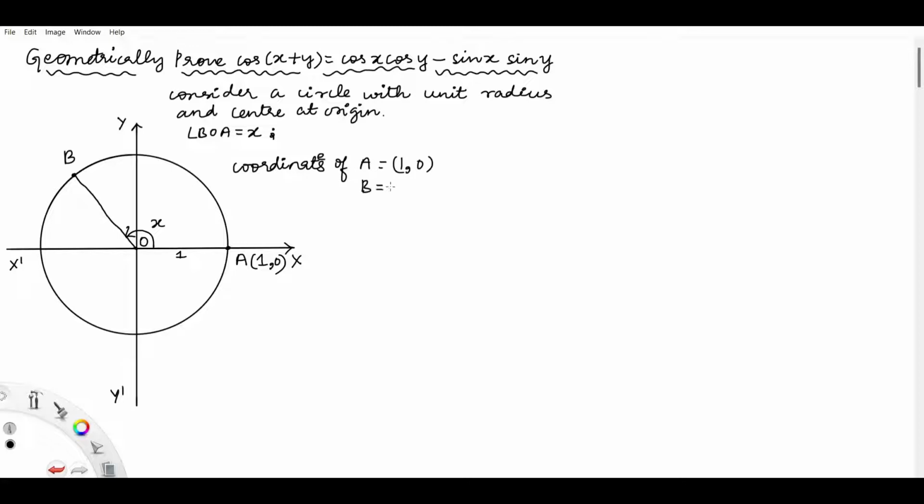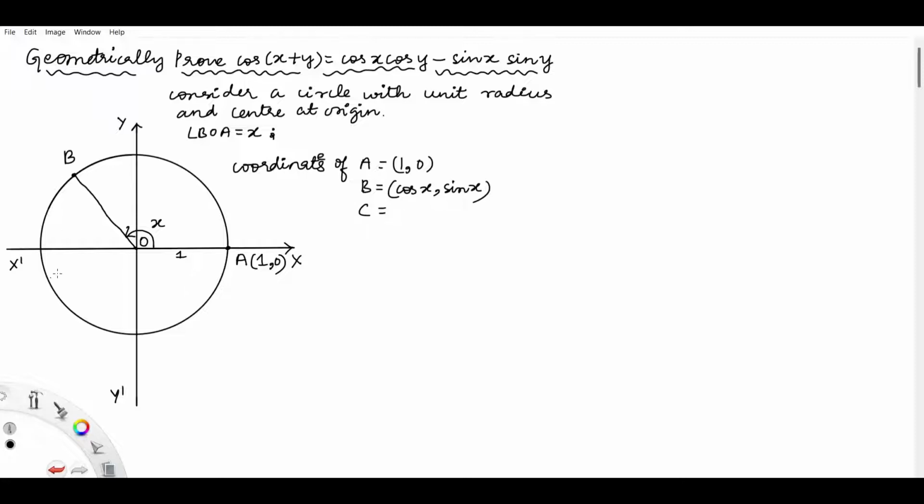Of B, I can write the coordinates as cos x comma sin x, because here theta is x. In place of the x coordinate I can write cos x, in place of the y coordinate I can write sin x. This is about the coordinates of B.